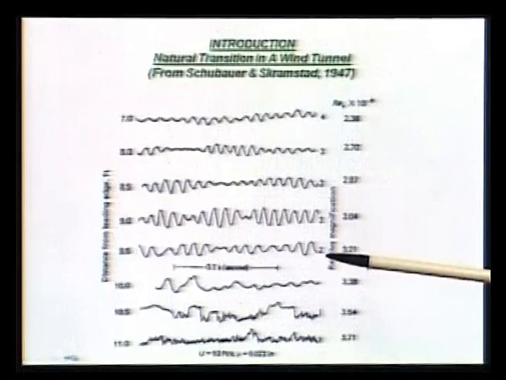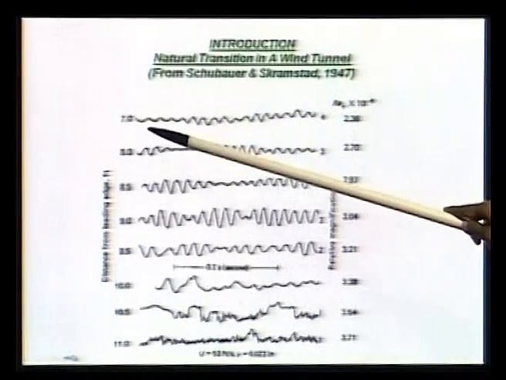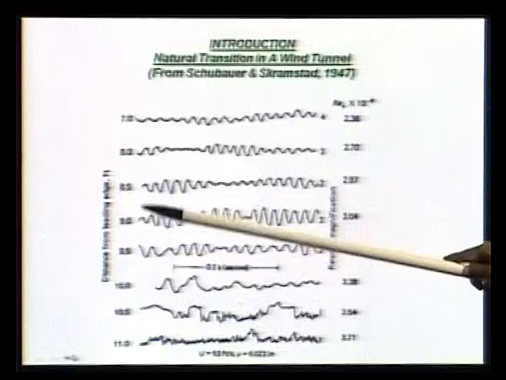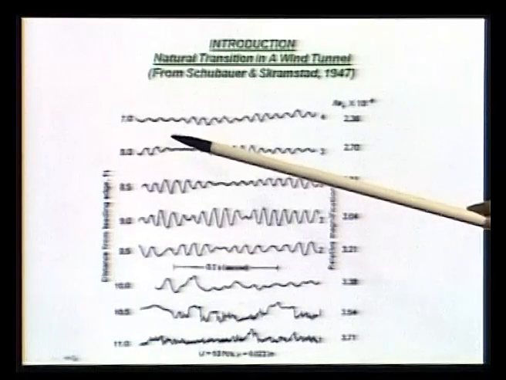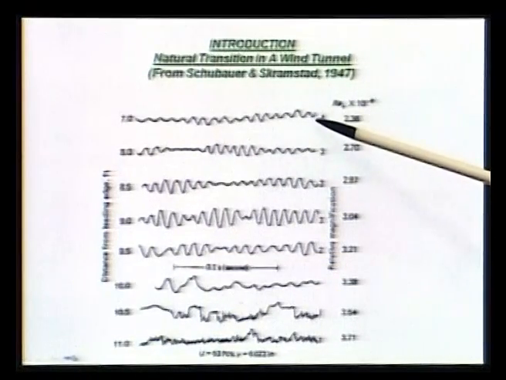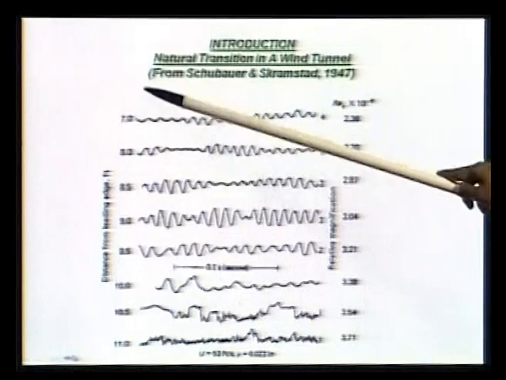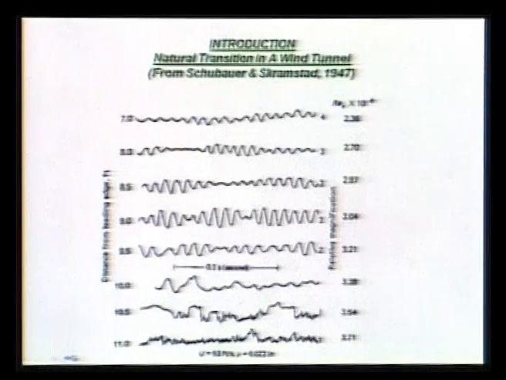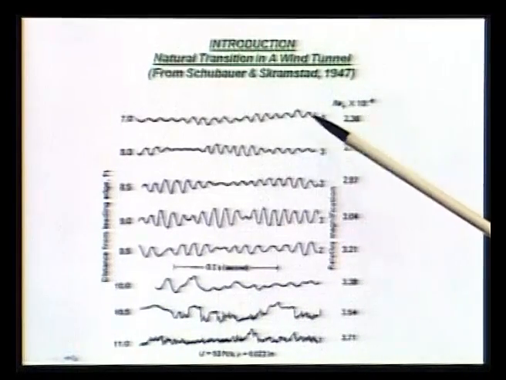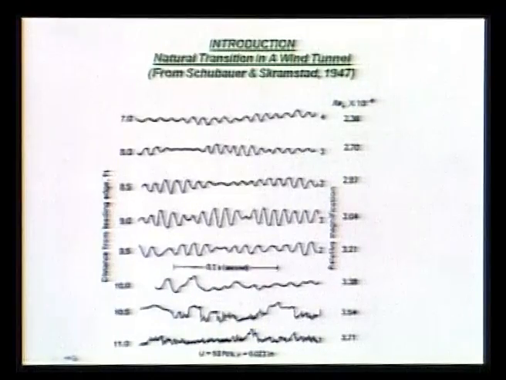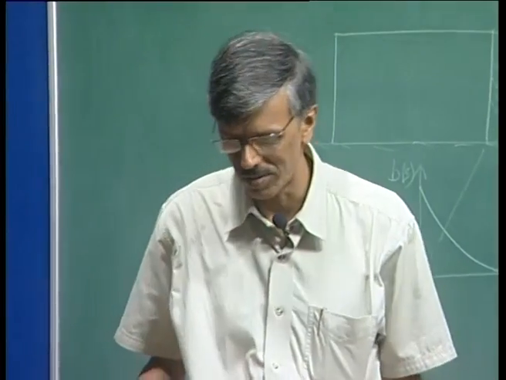If I look at it about 7 feet from the leading edge of the plate, then this is the kind of response field that we see. It is measured with a hot wire probe, and what you notice is a significant lack of monochromatic disturbances.